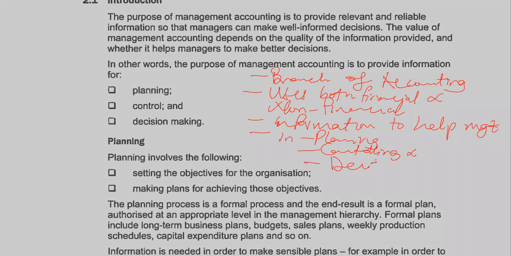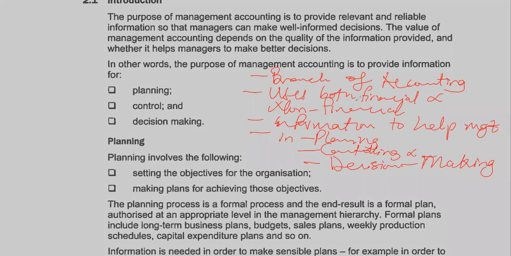So we could say that these three things are the main things that management accounting covers: planning, control or controlling, and decision making.